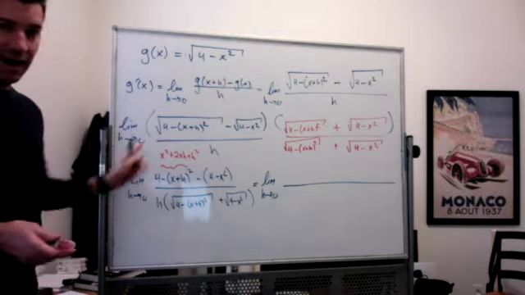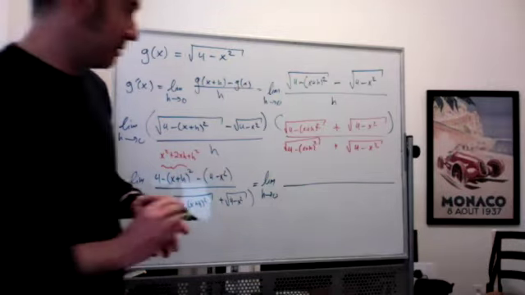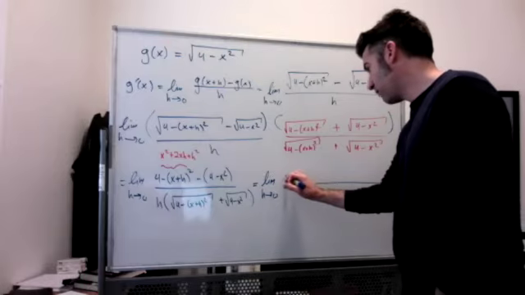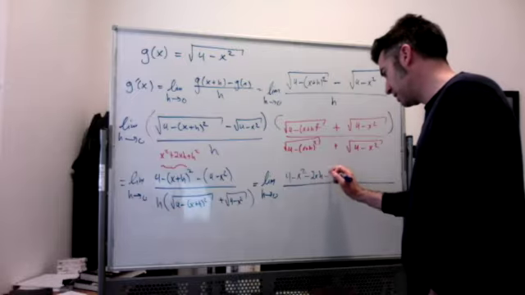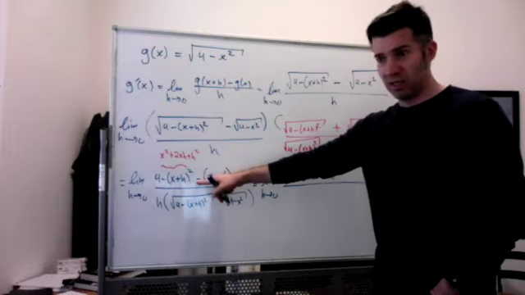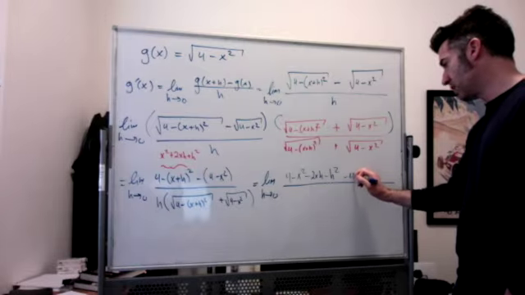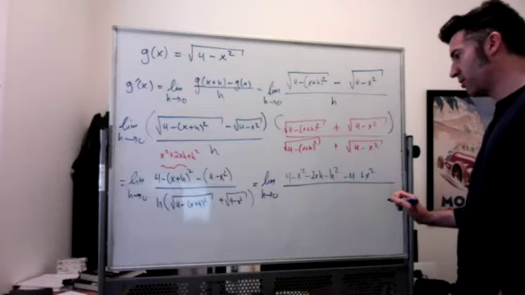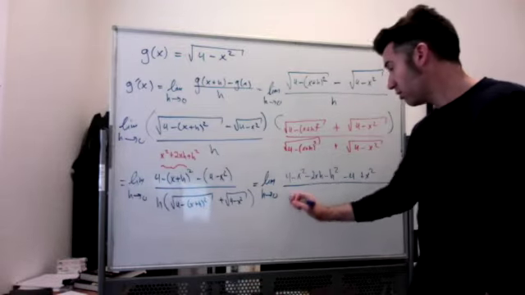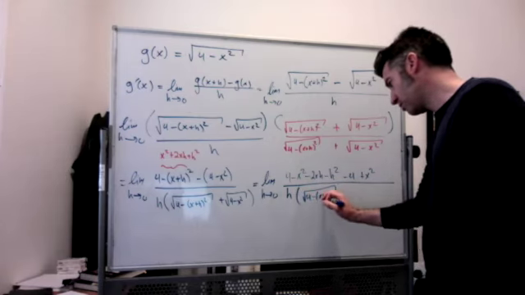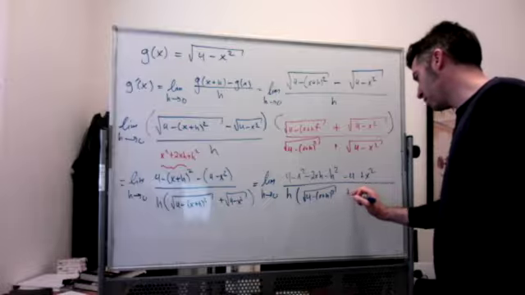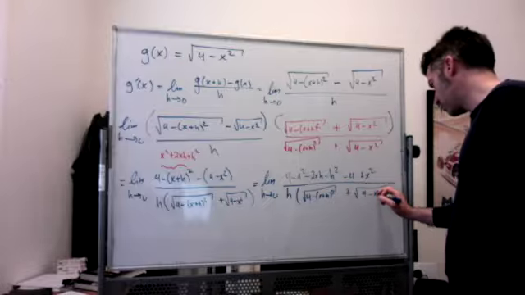But it's 4 minus all that. So we have to distribute the minus sign and get 4 minus x squared minus 2xh minus h squared. And then distribute this minus sign as well, minus 4 plus x squared. All divided by the same denominator, h times the square root of 4 minus x plus h squared plus the square root of 4 minus x squared.